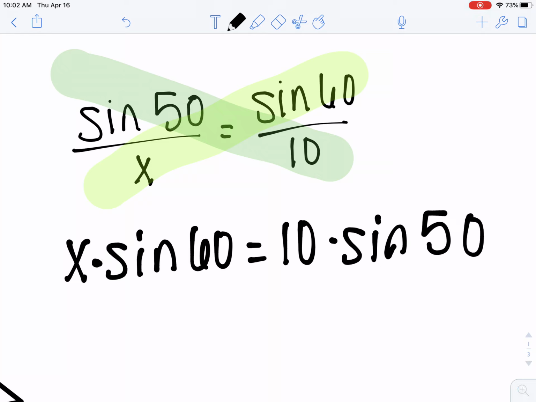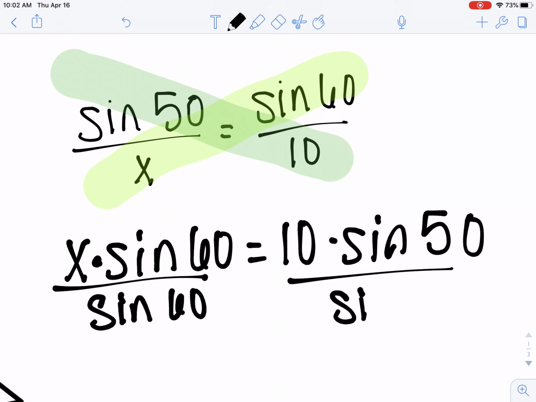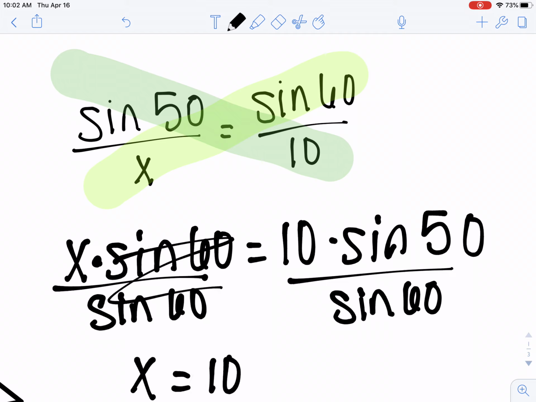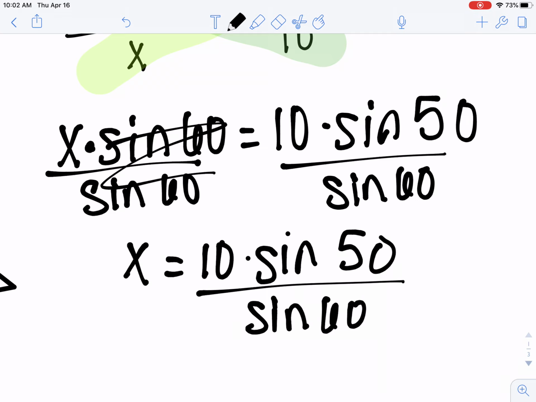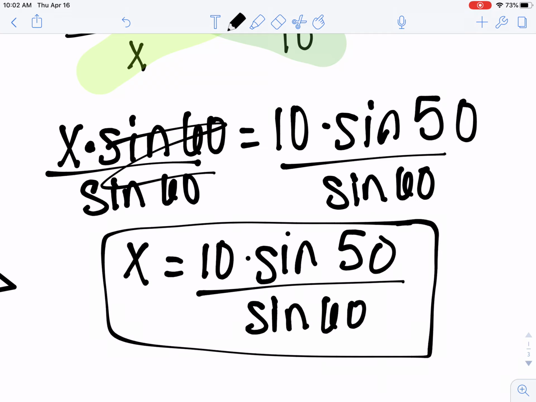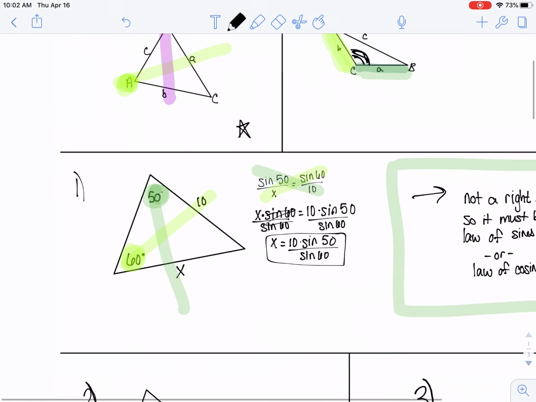It's being multiplied by the sine of 60, so I am going to divide by the sine of 60. Then I'm just going to write this out, and then I'm going to show you how to put this into your calculator. That's my exact answer, but I want to get a good decimal approximation.